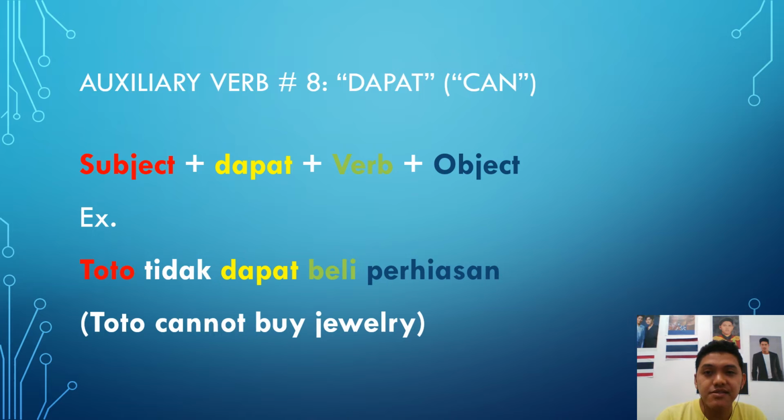Another auxiliary verb is "dapat." "Dapat" is synonymous with "bisa," able to. "Toto tidak dapat beli perhiasan." Toto cannot buy jewelry.